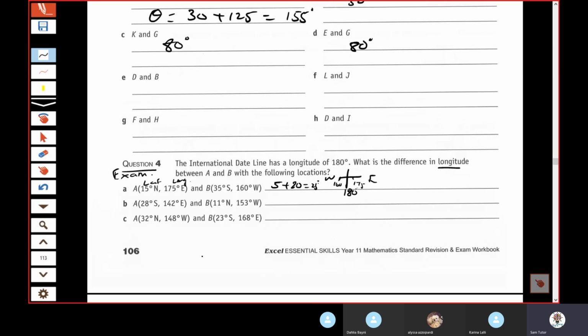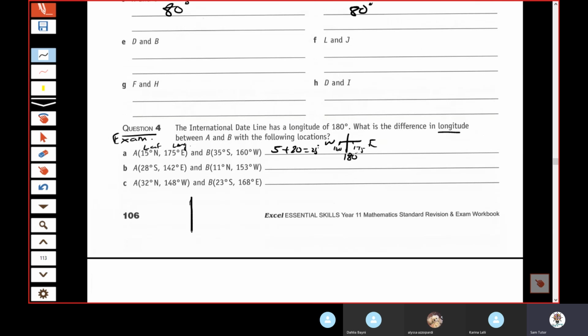I'll do B a little bit slowly now. Again, look at, that's 180, somewhere there. You got 153 west, so let's just say any number there, it doesn't really matter. And you've got 142 east, so that's 142 degrees east. Okay, what's the angle from 142 to 180?